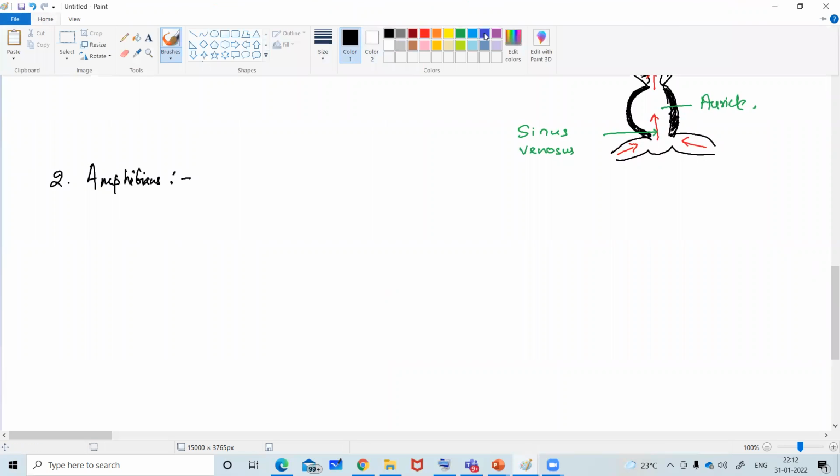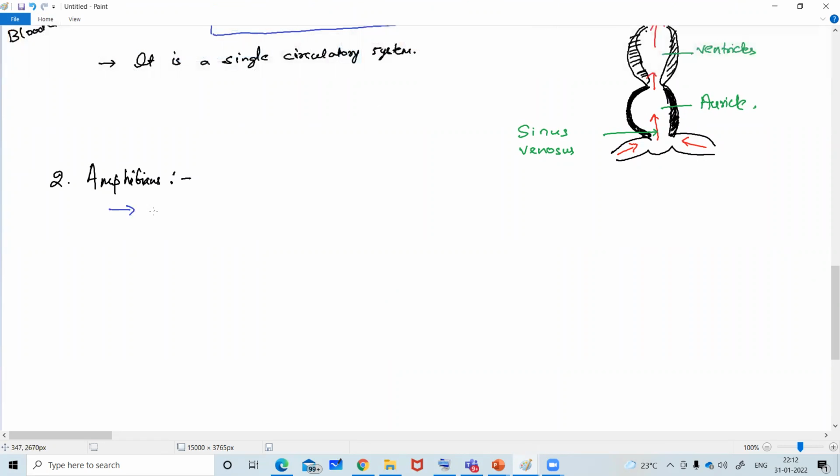So you can say the first point in this, that it is having three-chambered heart, right? Now the question is how many auricle, how many ventricle? So when we say three-chambered, the meaning is two auricle and one ventricle, right?